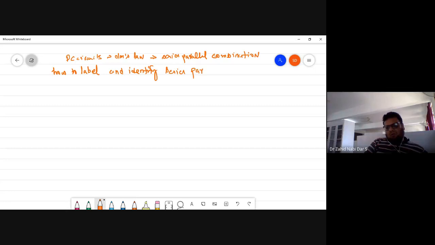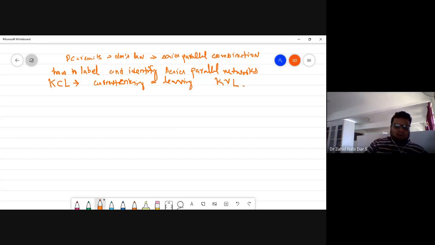After that, you should know KCL. What does it state? Current entering a node is equal to current leaving the node. And KVL you have to study.